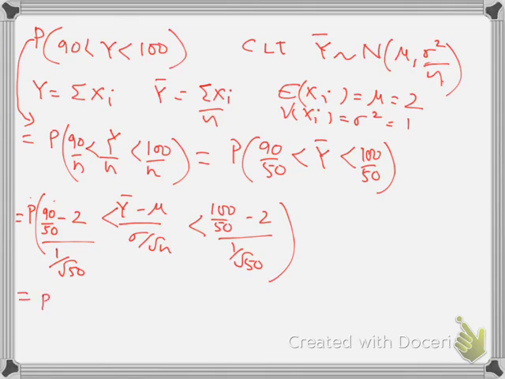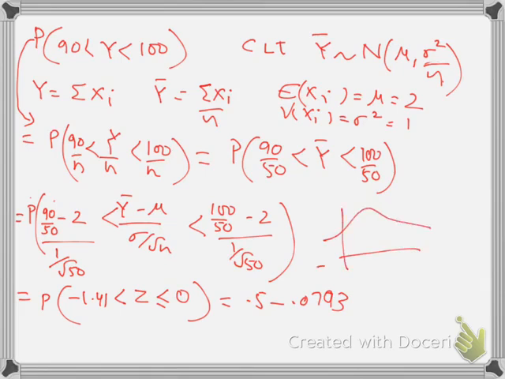Which is the probability that Z is between negative 1.41 and 0, which is 0.5 minus 0.0793. You can use the table to get this probability. Basically you're looking at this area. So you can find the area on the left tail and then do 0.5 minus that.